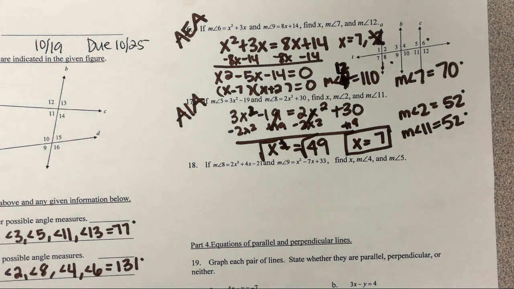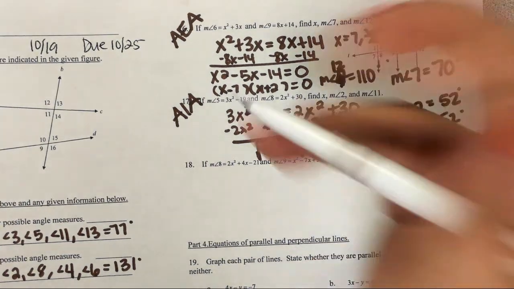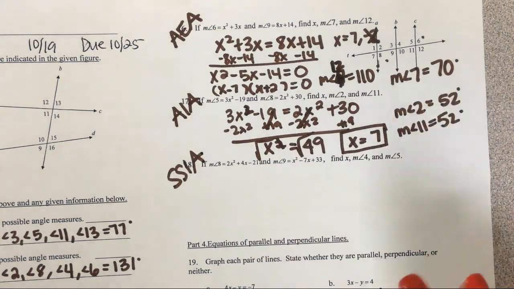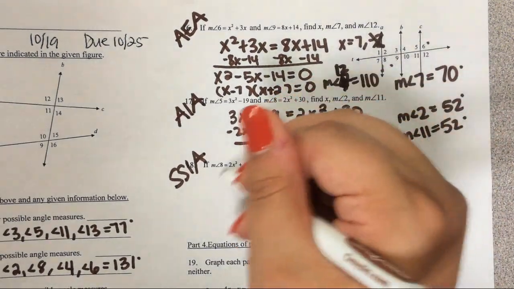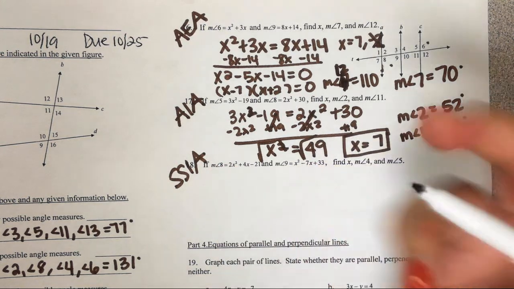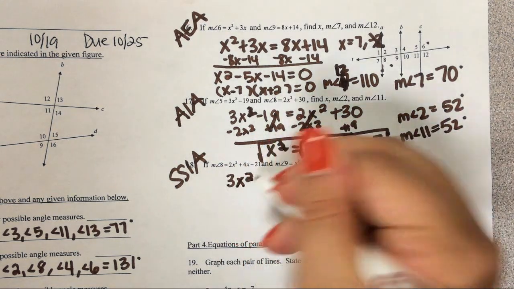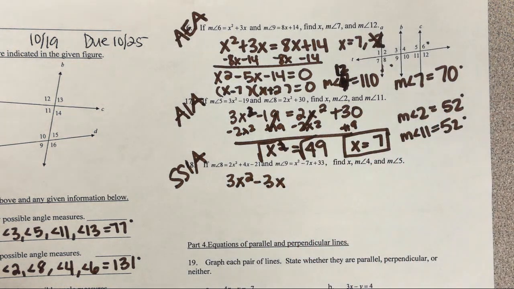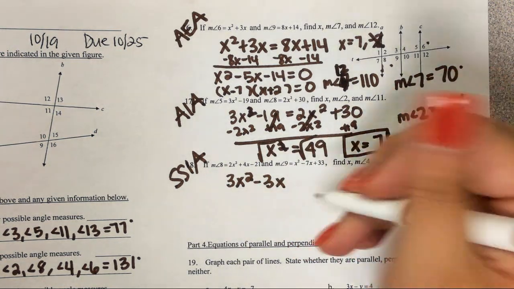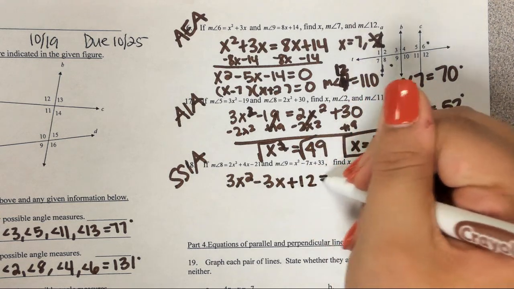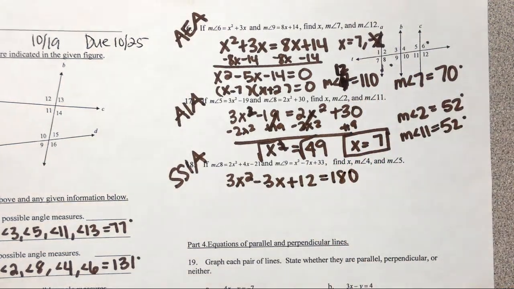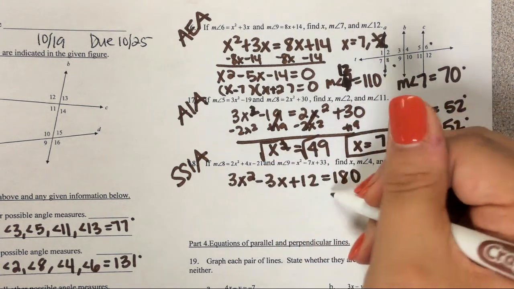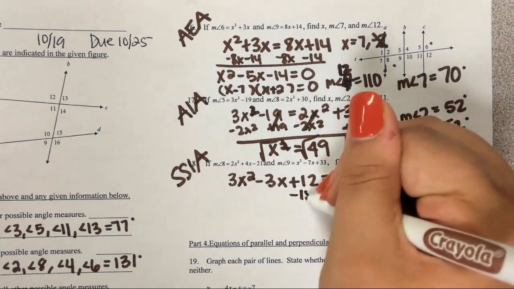8 and 9 are same side interior angles, so they're going to be supplementary. So, this is going to be a lot. I'm going to add these together. Are you cool with me doing that beforehand? 3x squared minus 3x plus 12 equals 180. And there's an x and an x squared, so I have to subtract 180.